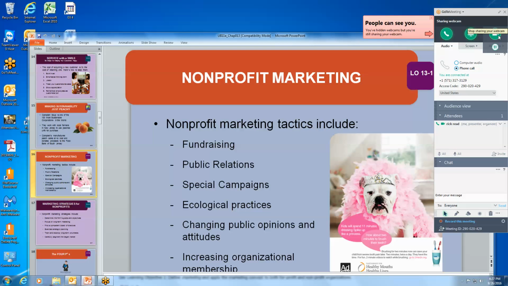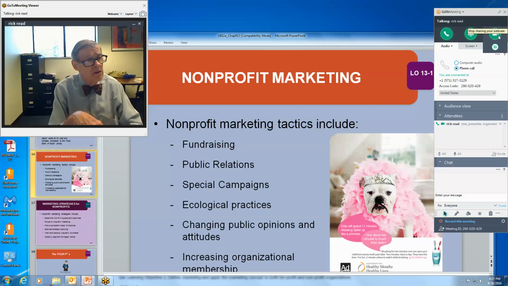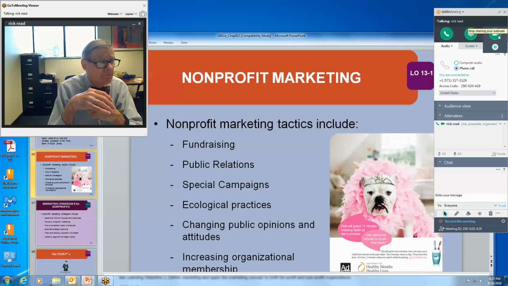Nonprofit marketing includes many of the concepts that marketing for for-profit companies does. But it's a little bit different. There is public relations. They're trying to change public attitudes, which comes through public relations, which comes through advertising as well. Of course, the for-profit sector tries to do that as well.